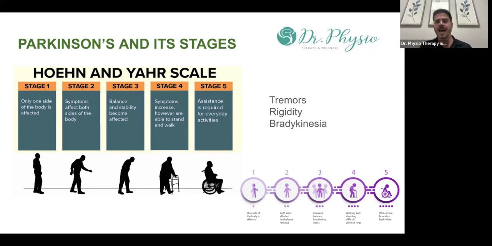When those things happen, we figure we are going towards stage 3. The mobility is getting a little bit worse, the posture is getting a bit more stooped, and there are some balance deficits. At this stage, sometimes we start advocating for an assistive device, not for everybody, but sometimes people might need it.